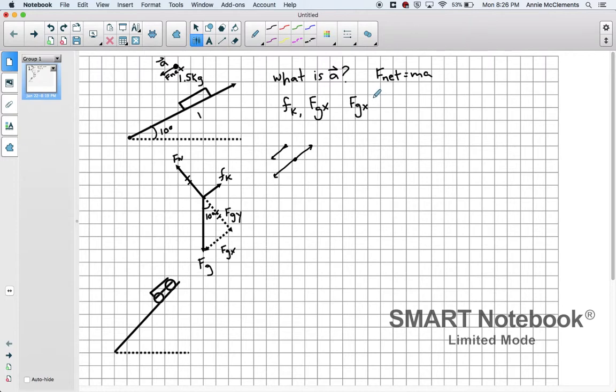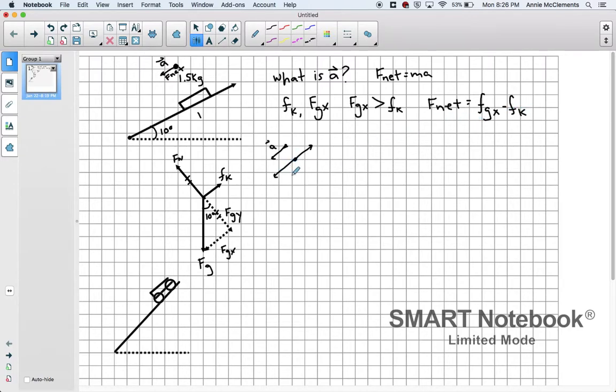So we can say that FGX is going to be greater than FK. If we subtract the lesser value from the greater value, we get F net, the difference between these two that we can convert to acceleration. So we arrive at F net equals FGX minus the friction force.